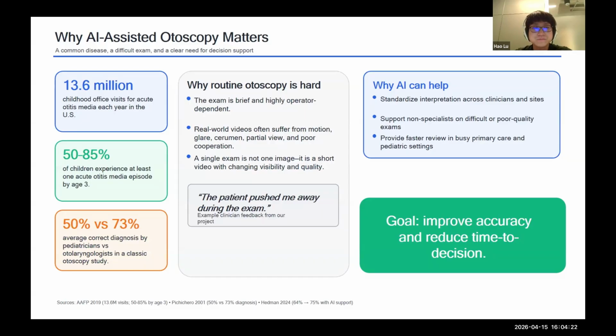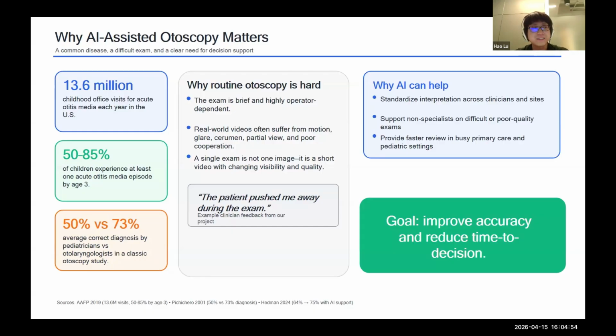And for primary care and children's care, the doctor has only about 50% diagnosis accuracy for middle ear diseases, compared with very well trained expert ENTs. They usually have close to 75% diagnosis accuracy.